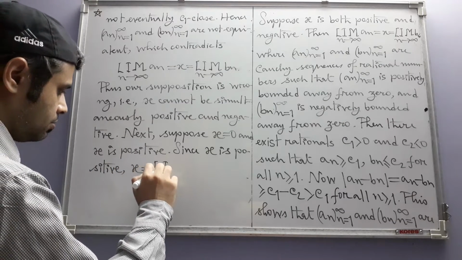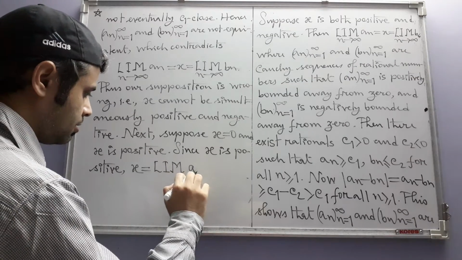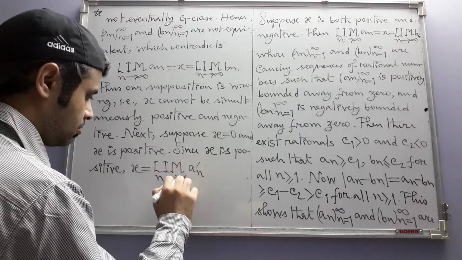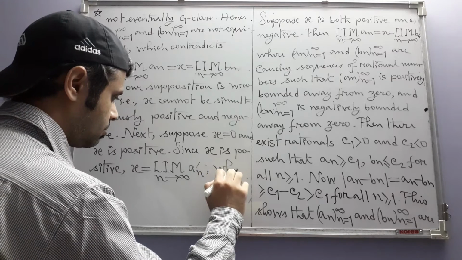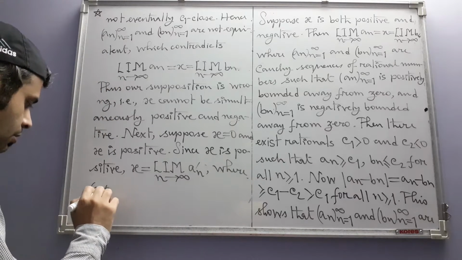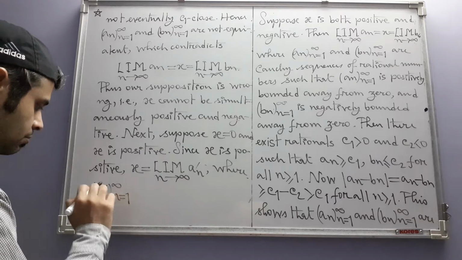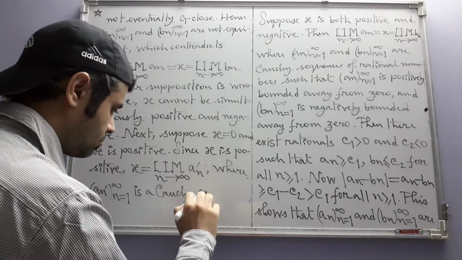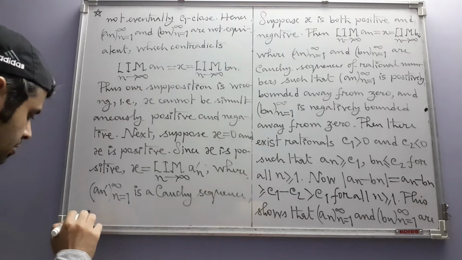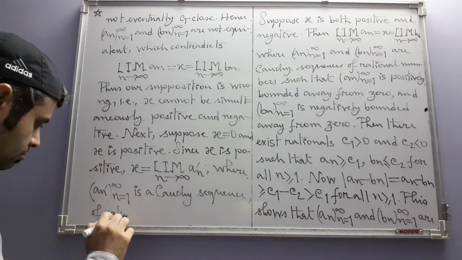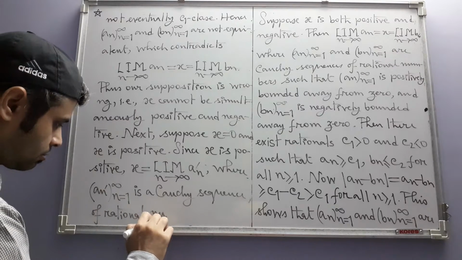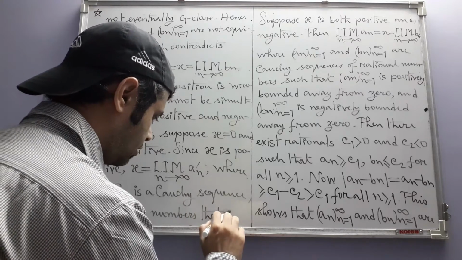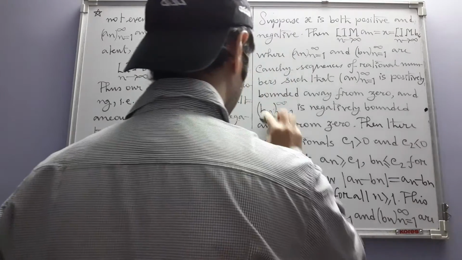x is equal to the formal limit of an prime, where an prime is a Cauchy sequence of rational numbers that is positively bounded away from 0.